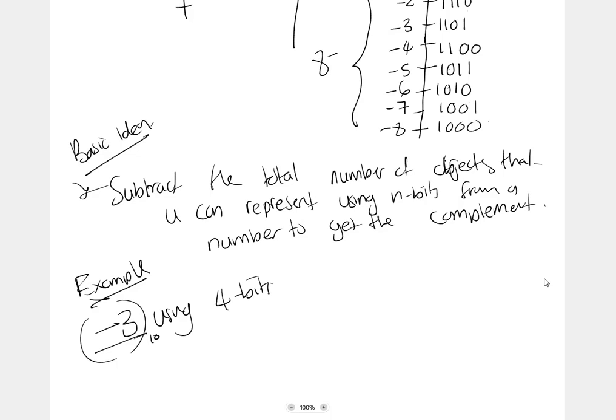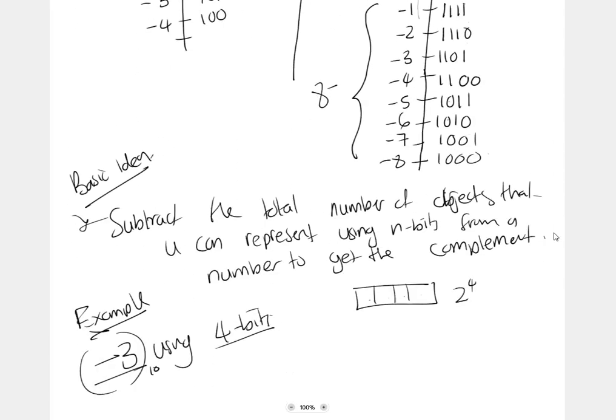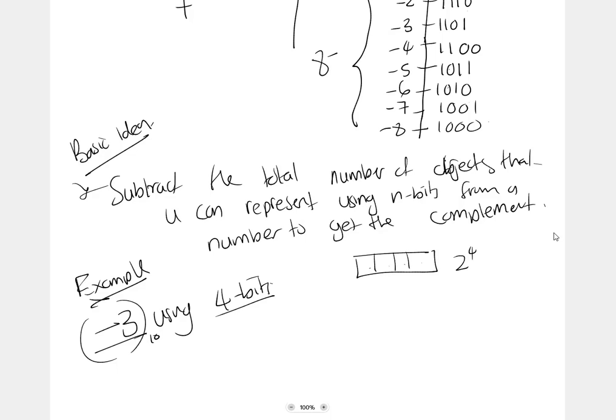Well, all you've got to do is ask how many things can be represented in 4 bits? If you have 1, 2, 3, 4 bits, then it'll be 2 to the power of 4 different things. So there are 16 things you can represent in 4 bits, just as we did here. The binary number for 16 is 1 with 4 zeros.